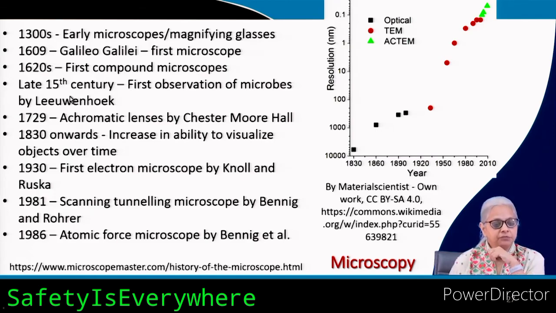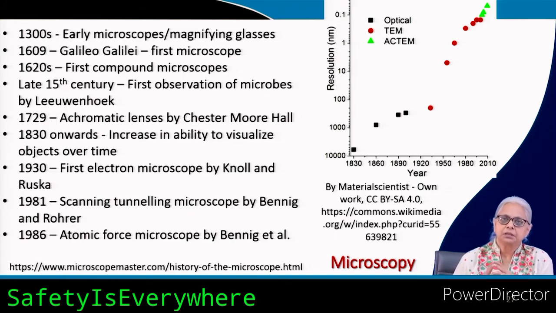Okay, so in the late 15th century, the first observation of microbes was made by van Leeuwenhoek, and then we have 1729 when achromatic lenses were invented by Chester, Moore and Hall. And then 1830 onwards, there's been a huge increment in the use of compound light microscopes and our ability to visualize objects using these microscopes.